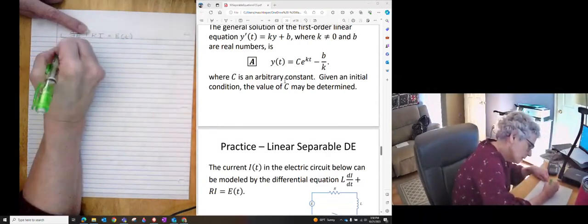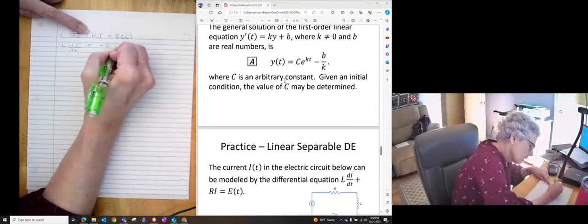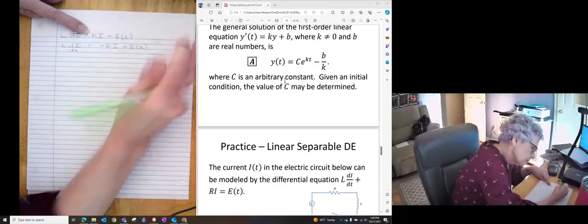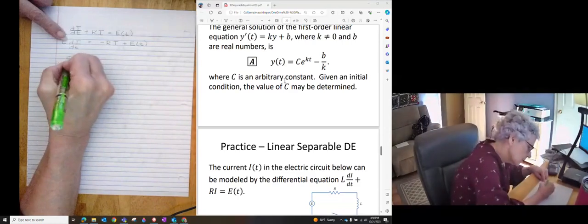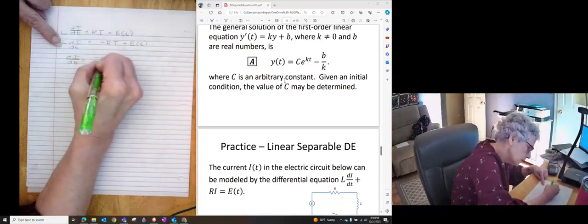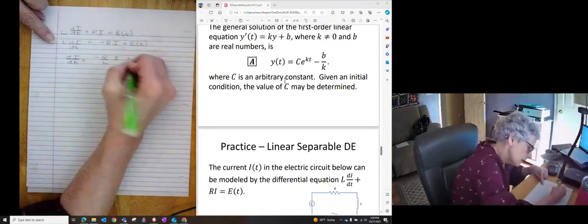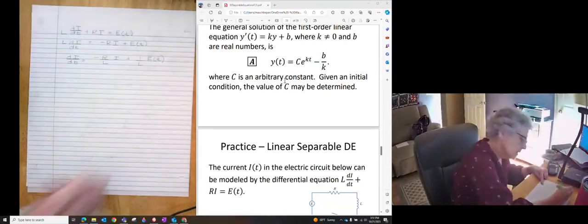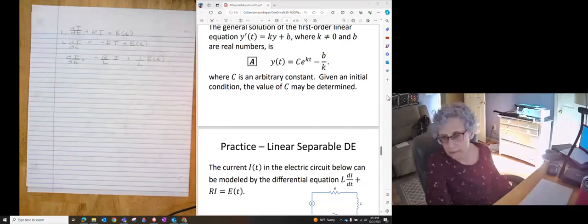First I'll just subtract Ri from each side. So di dt is equal to minus R over L times I plus 1 over L times E of t. So all I did was isolate my derivative.